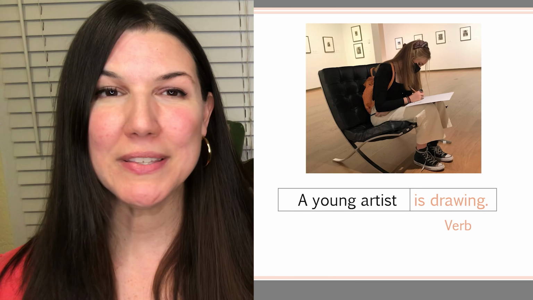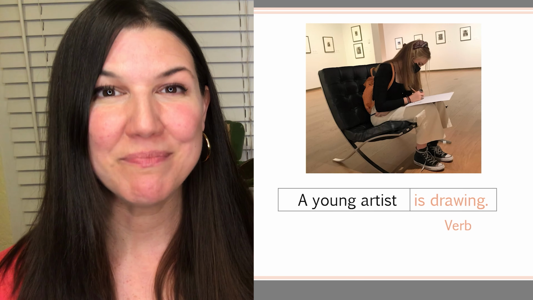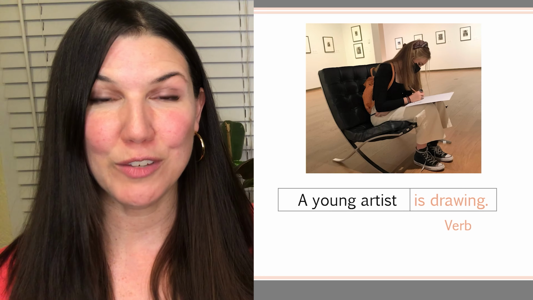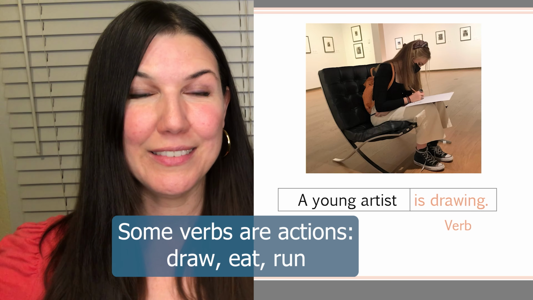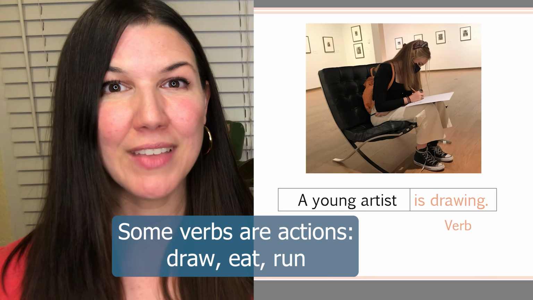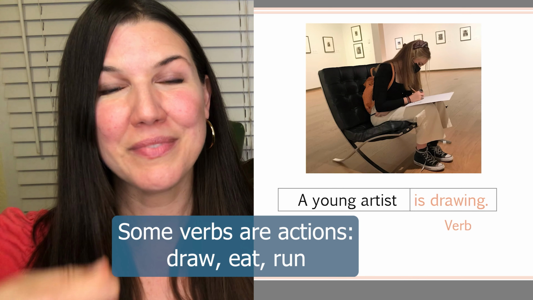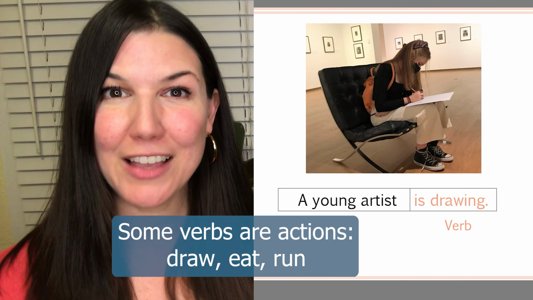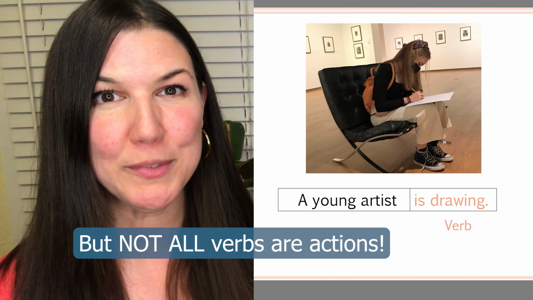Well, lots of people say that verbs are actions. And in some cases, this is true. This is an action, for example, drawing. You can see her action. Eating, running. All of these are verbs that make actions, but not all verbs are actions.